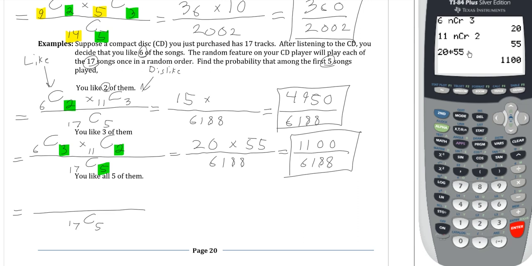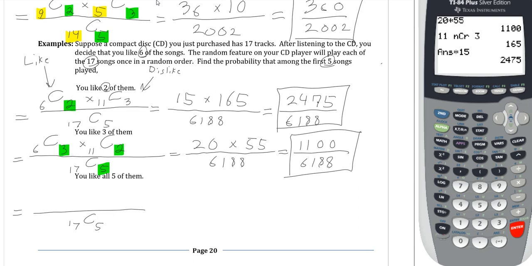So 11 choose 3, we need to fix that. 11 choose 3, we get 165. So 165 times 15, and that gives us 2,475. I apologize for that error. But that's why we check it, right?